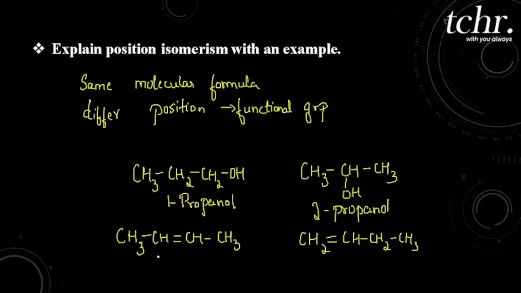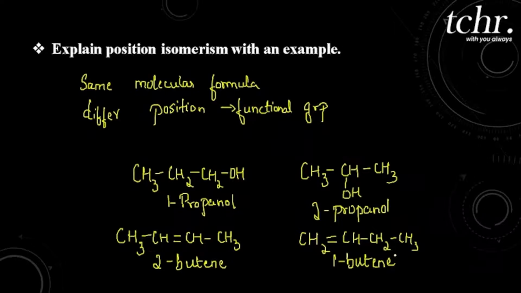But the compound that I have given here is butene. Yes, it is 2-butene because the double bond is in the second carbon atom, whereas this is 1-butene. The double bond is in the first carbon atom. So they differ in the position of the functional group, or the position of double or triple bonds. This is known as position isomerism.